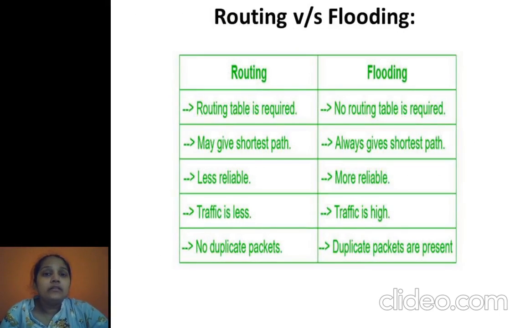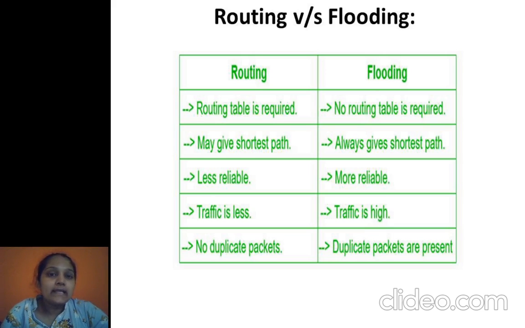So here I have one difference between routing and folding. A routing table is required in routing, but no routing table is required in folding. Second, routing may give a shortest path, but folding always gives the shortest path.